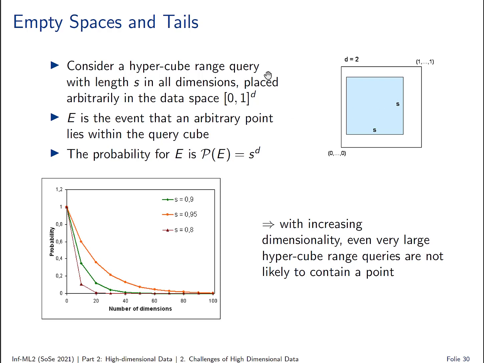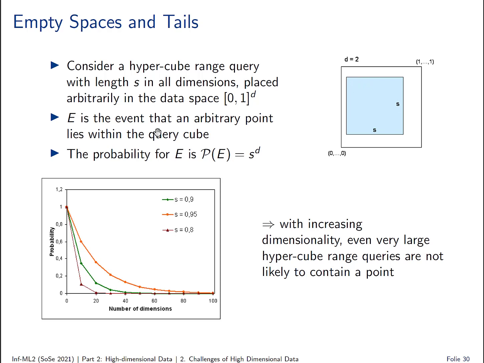Consider a hypercube range query with side length s in all dimensions, placed arbitrarily in the data space. The data space is normalized between 0 and 1. It's d-dimensional, and we have a window query of side length s, a hypercube of side length s.